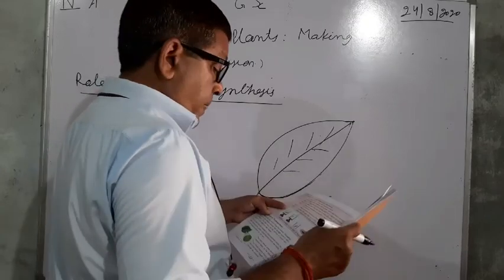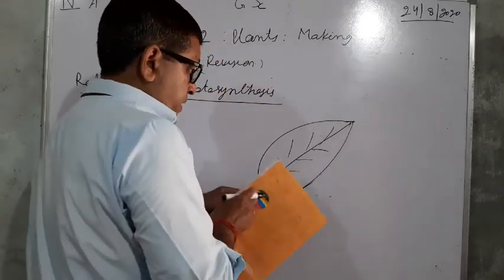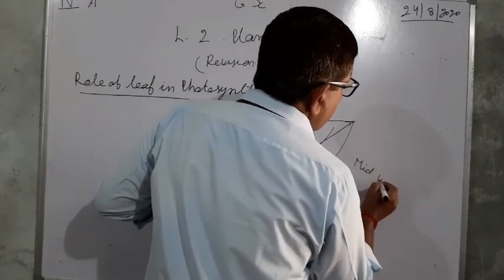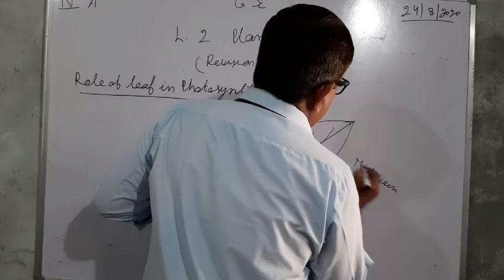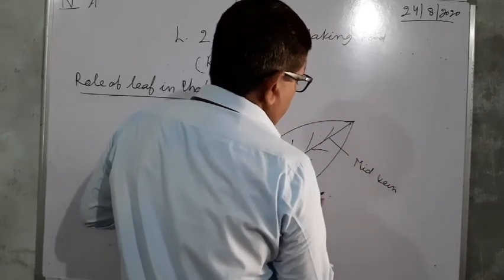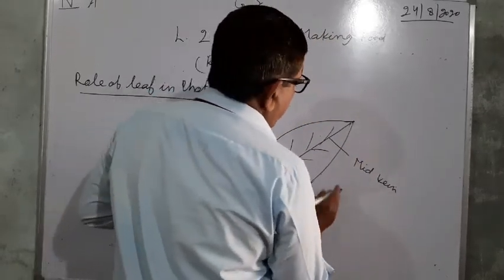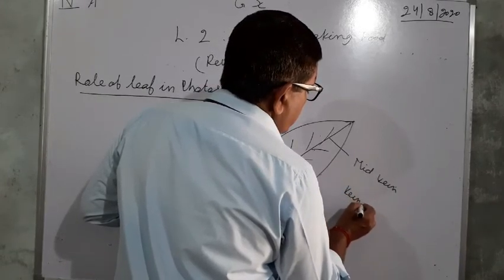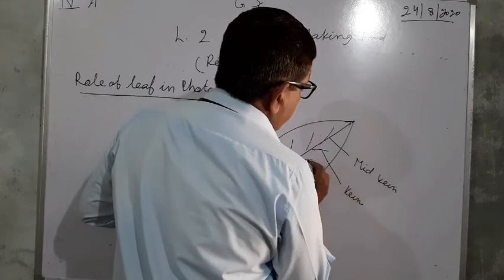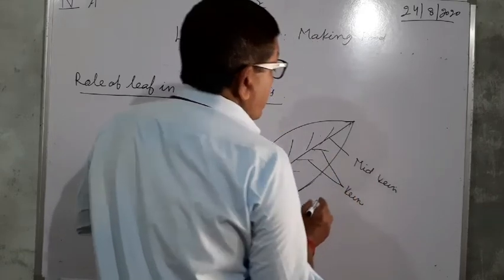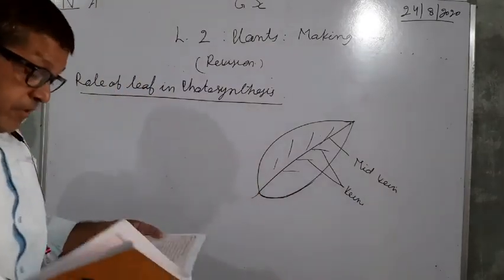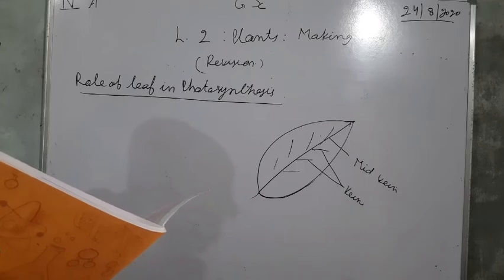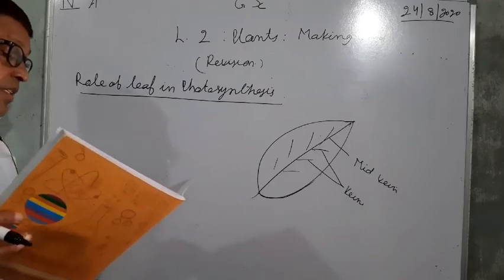This is the leaf, and here are the midvein and the veins. This is a single midvein with a large number of veins. So, the thin veins on the surface of the leaf take water to all parts of the leaves.